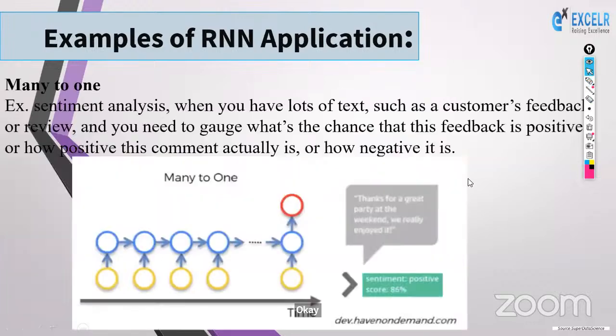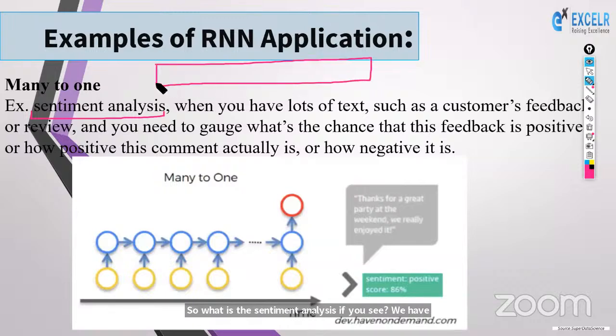If I talk about many-to-one, one of the best examples for many-to-one is sentiment analysis. So what is sentiment analysis? We have a sequence of words, whatever feedback or reviews or tweets we have from different customers. Those feedbacks contain a number of words.